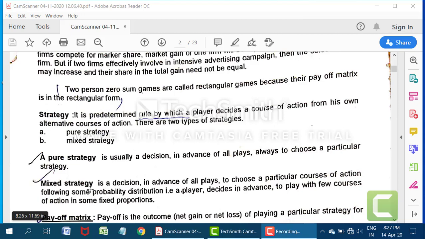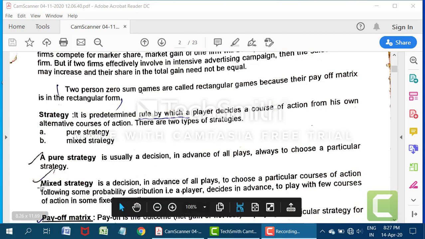In mixed strategy games, a player will never play with only one strategy. They will be playing with more than one strategy. How? 70% or 80% of the time, we'll play with one strategy, 20% of the time with another. That way, you can express the probability distribution with which he's going to choose the strategies and play the game. That's why they are mixed strategy games.